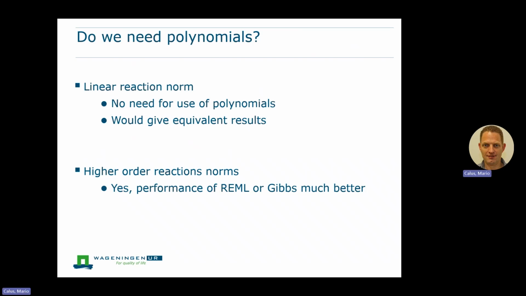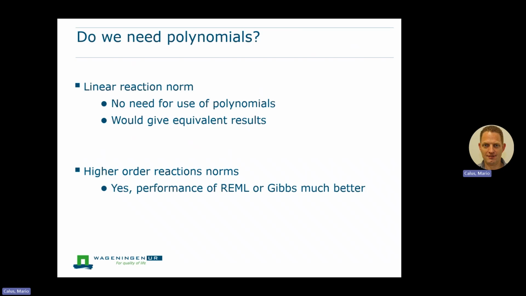For higher order reaction norms, such as the quadratic one, which we would call second order, and then if we have something to the third, we would call this a third order, etc., it becomes important because it will make these covariates more or less independent, and this will really improve the properties of solving the model. The more related those covariates are amongst each other, the more relationship there is between the breeding values for these different components, and then it becomes quite difficult for the model to properly solve this.